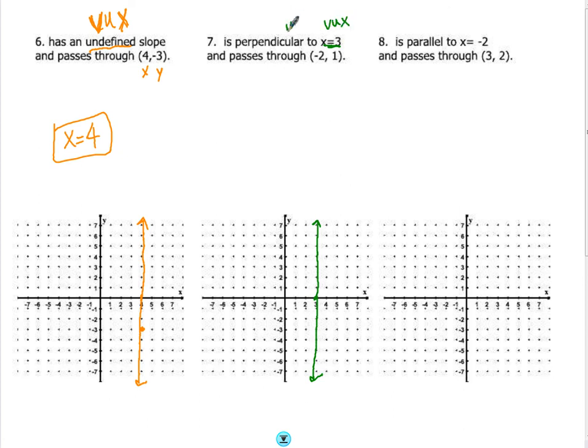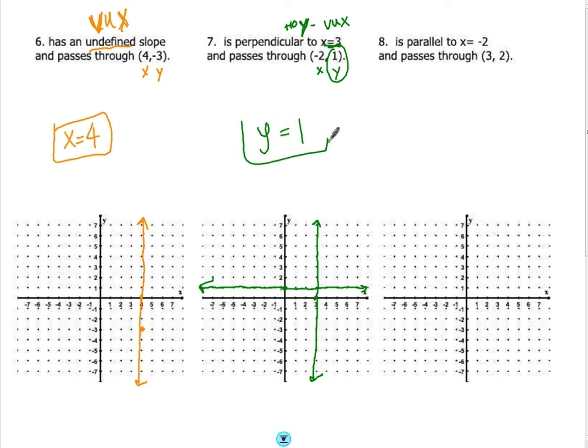So I'm looking for a horizontal line that passes through the point negative 2, 1, where negative 2 is x and 1 is y. So HOY and VUX are perpendicular, so y is the number that I'm looking for, y equals 1. So at y equals 1, there's my perpendicular line, and the equation of that line is y equals 1.